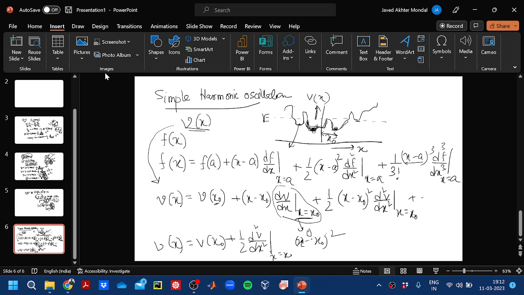Now we know that if we add any constant value to the potential, it will not affect our force equation. Why is that the case?